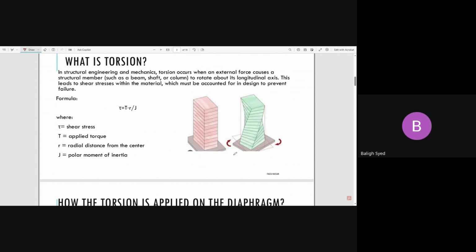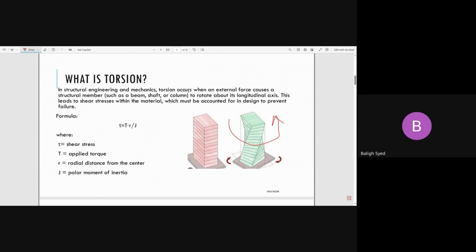When the wind blows on your structure, it will try to twist. In structural engineering mechanics, torsion occurs when an external force causes a structural element such as a beam, shaft, or column to rotate about its longitudinal axis. This is a wonderful picture, just for you to imagine what torsion can do to your structure.